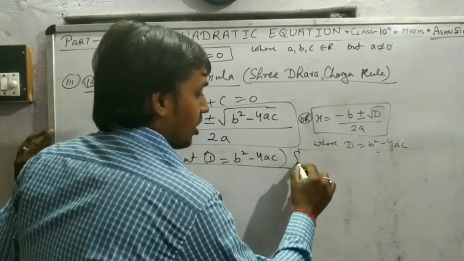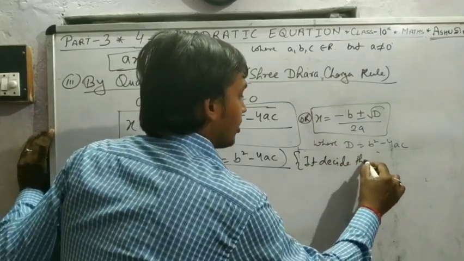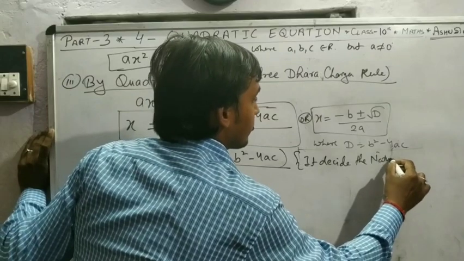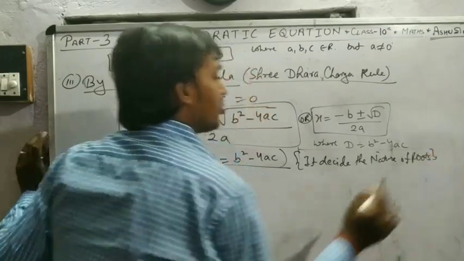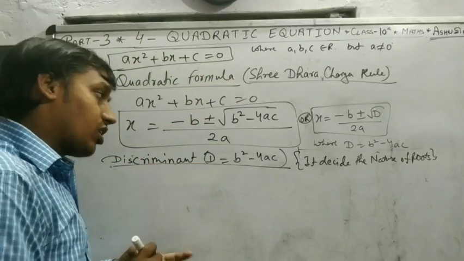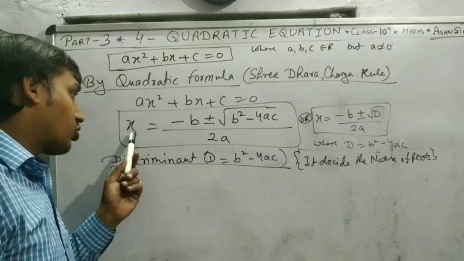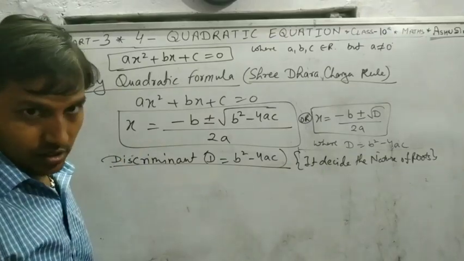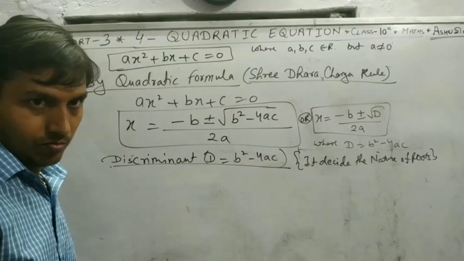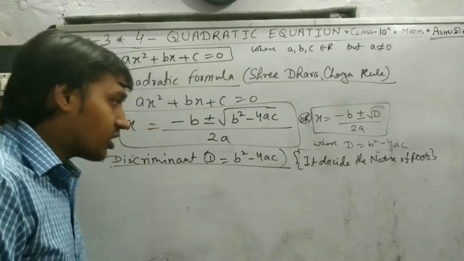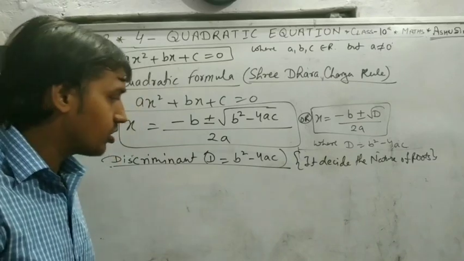I say it decides the nature of roots, means the value of d decides what types of values of x we get from the equation. So actually there are 4 types of solutions.